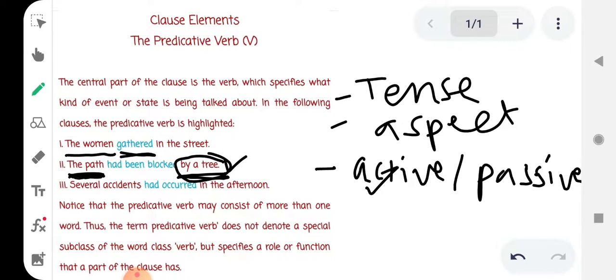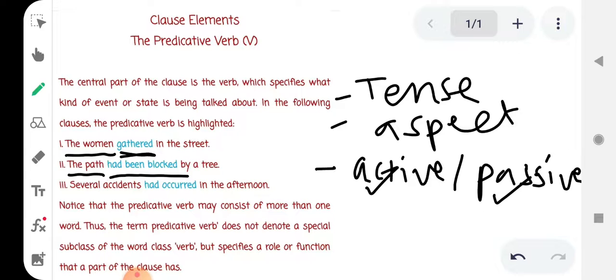It tells us that the path has been blocked. By the tree is immaterial here. And that's why we can say that the action is not done by the subject. The action is done to the subject. That's why it is the passive voice.